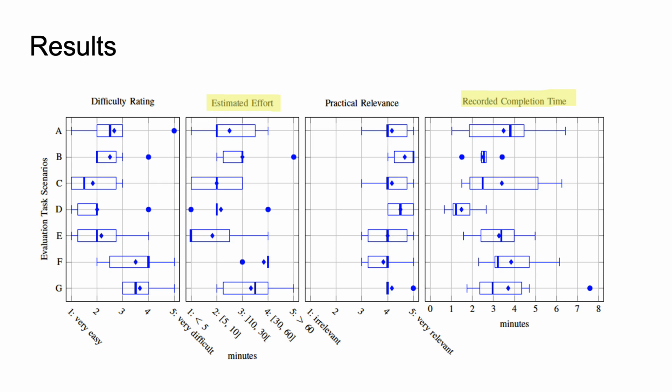Furthermore, if we compare the estimated efforts with the recorded completion time, we see that some tasks were estimated to take quite long, sometimes even more than 30 minutes when done with conventional tools. But the real execution time with our prototype was almost always shorter, especially for tasks which were guessed to be quite hard to solve.